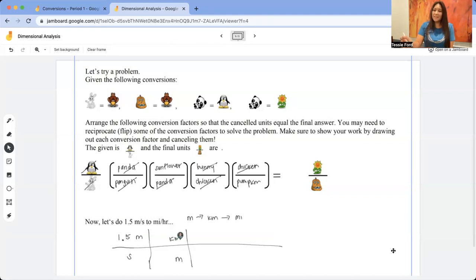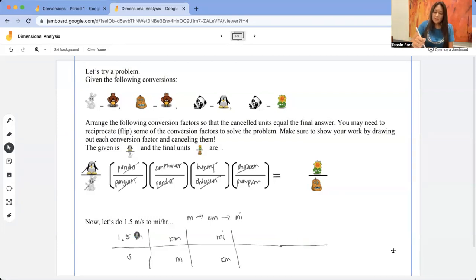Okay, again, step one, units first. And we don't want kilometers, we want kilometers to go away, so opposite. And then we get miles on the top. And is that what we want to end up with, miles? Yes, so we can stop there.